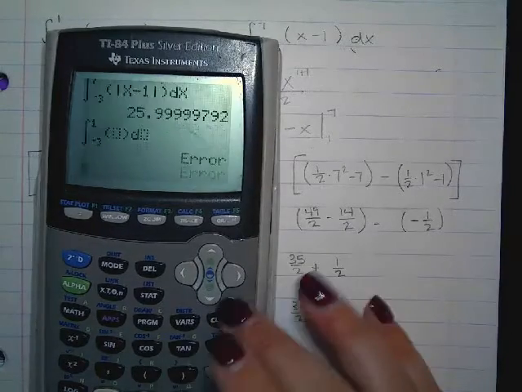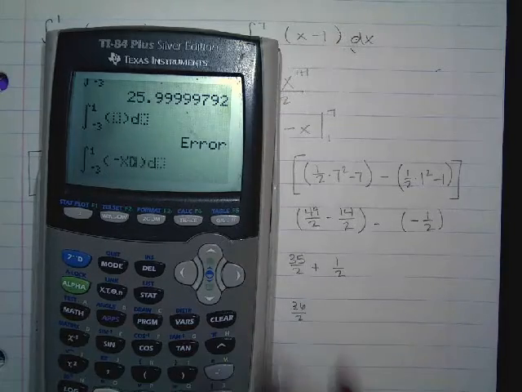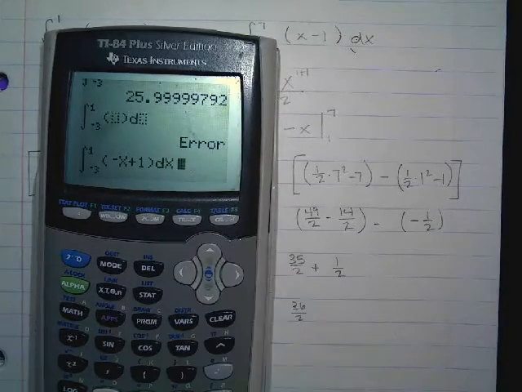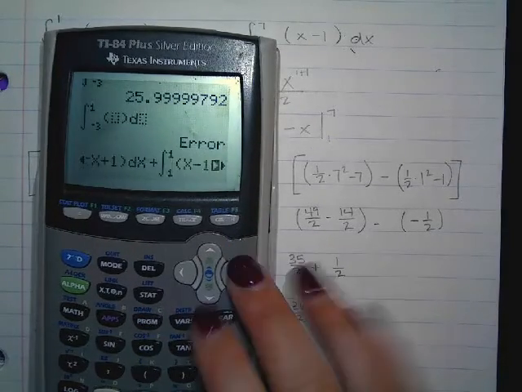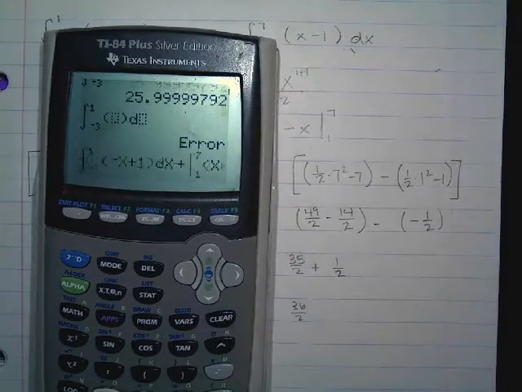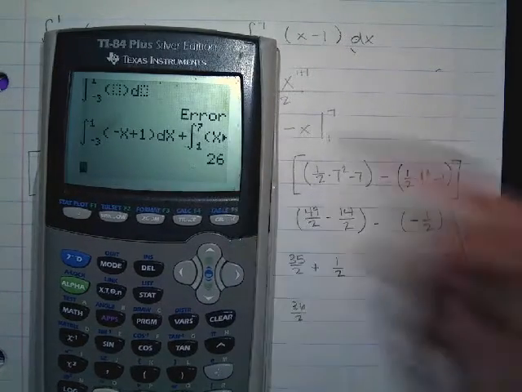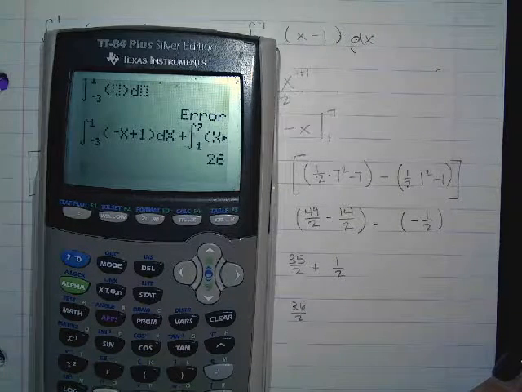Oh, dang it. Don't immediately press enter because you'll get frustrated like me. So there's the 1 plus 1 to 7 x minus 1. Or it's exactly 26 then. So fancy. All right.